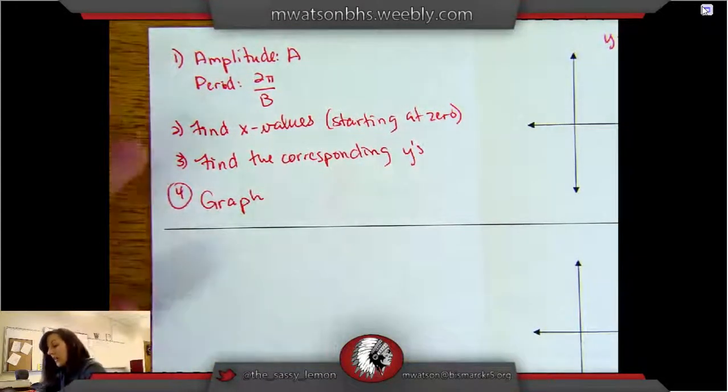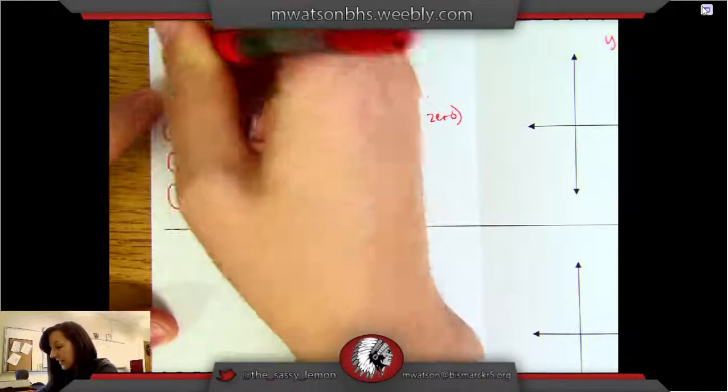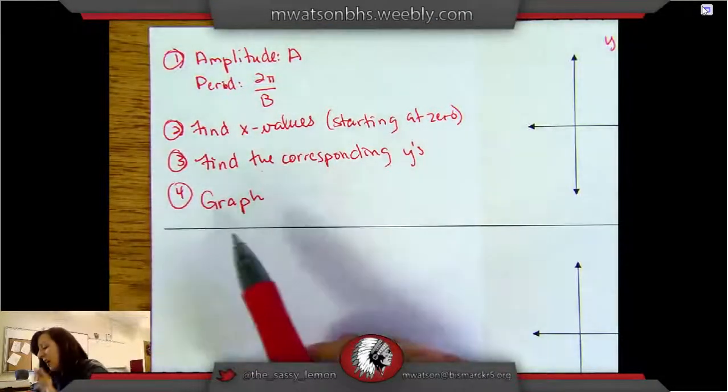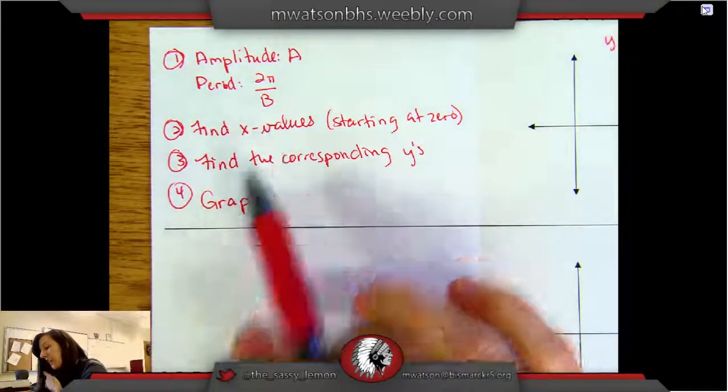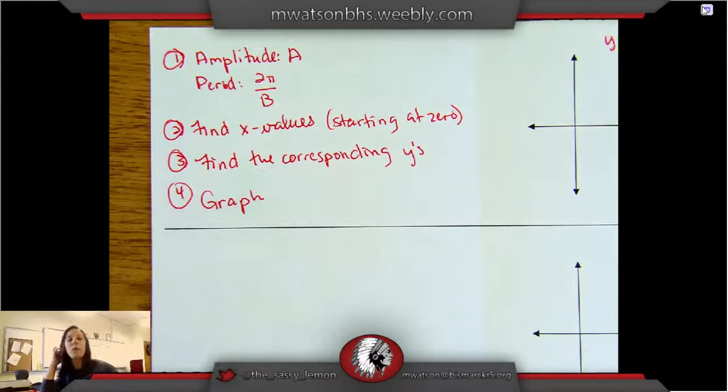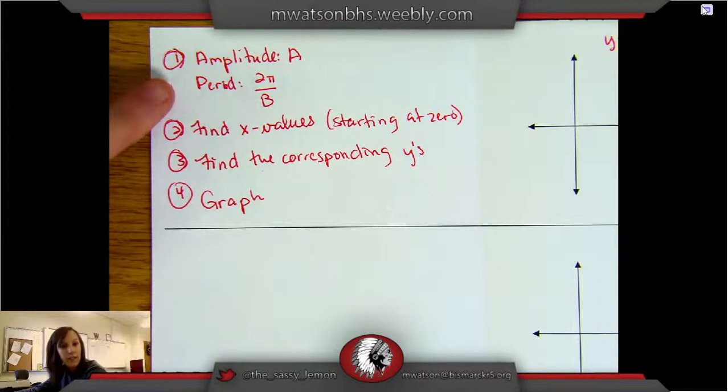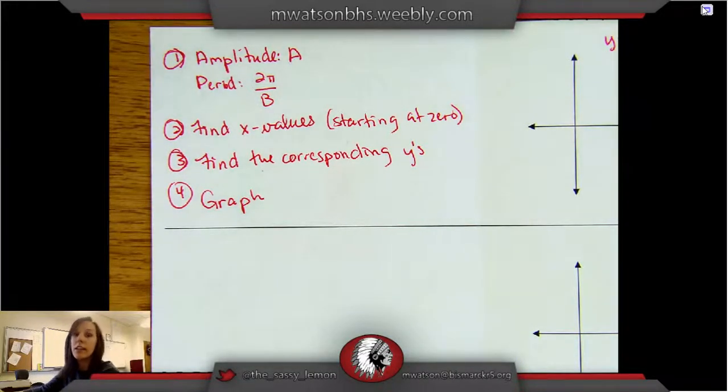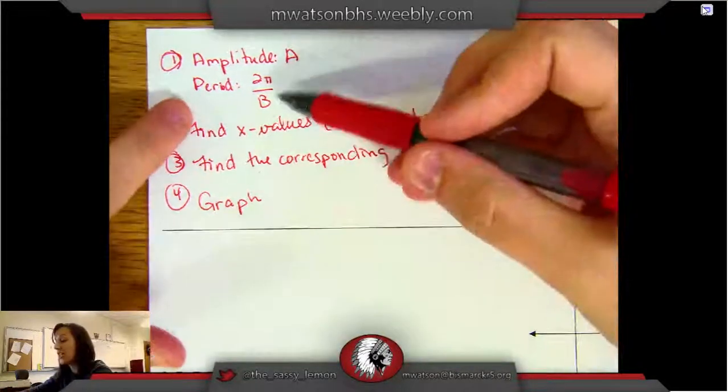On these last 3 steps, they're exactly the same as what we learned yesterday. The only thing you need to do is account for that your amplitude is now changed and your period size has changed. That means that your quarter period size is going to change as well. So that's the main change here.